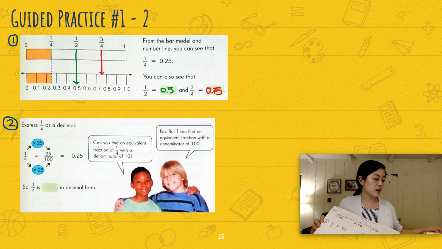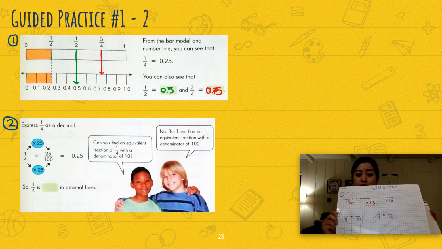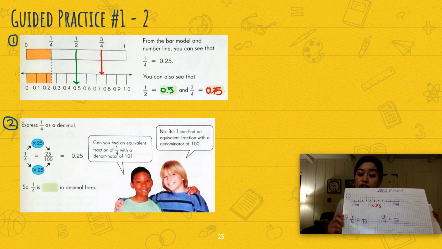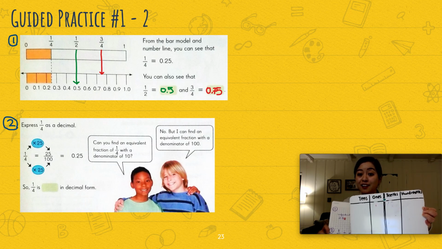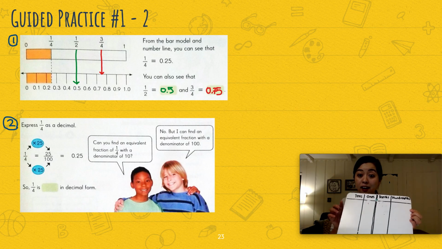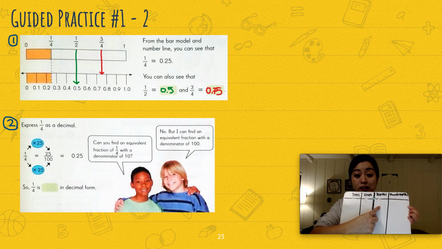Remember, we can easily write a fraction as a decimal if we can get the denominator to be a 10 or 100, if we write an equivalent fraction with that denominator. Because on our place value chart, if the denominator is a 10, then we write the value in the tenths place.